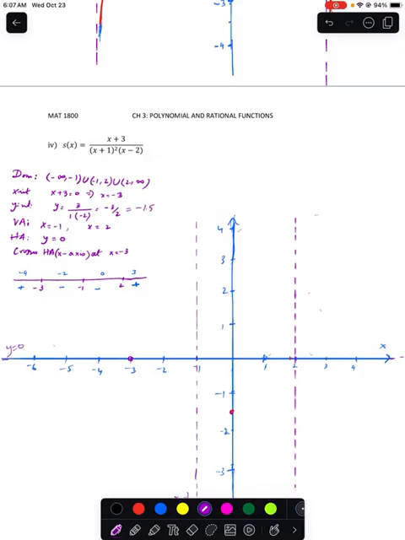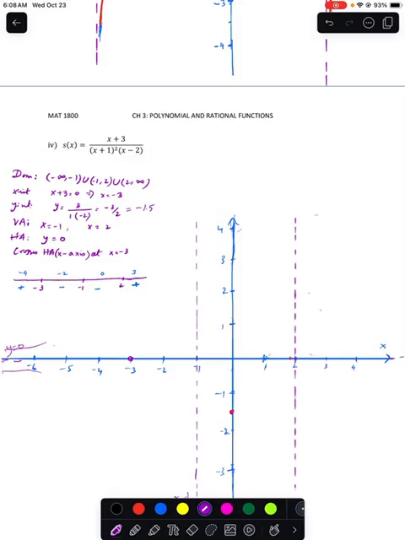So, well, this is the asymptote. The horizontal asymptote is the x-axis. So the graph is either going to be like this or like that. So it is going to hug the asymptote either from below the x-axis or from above the x-axis.